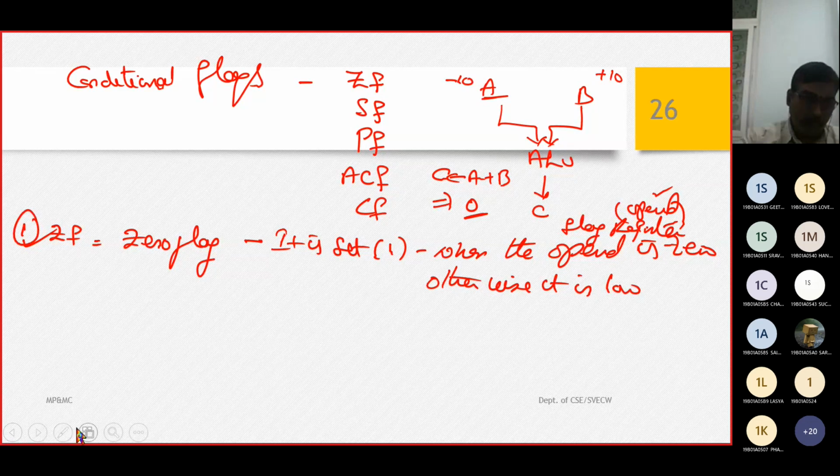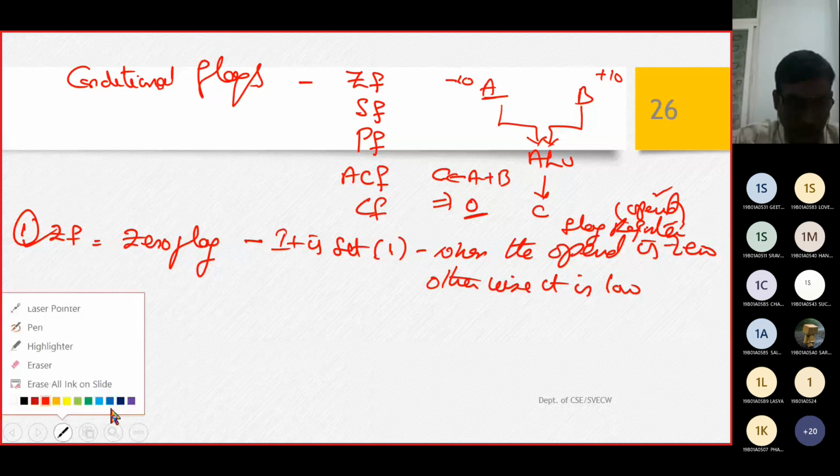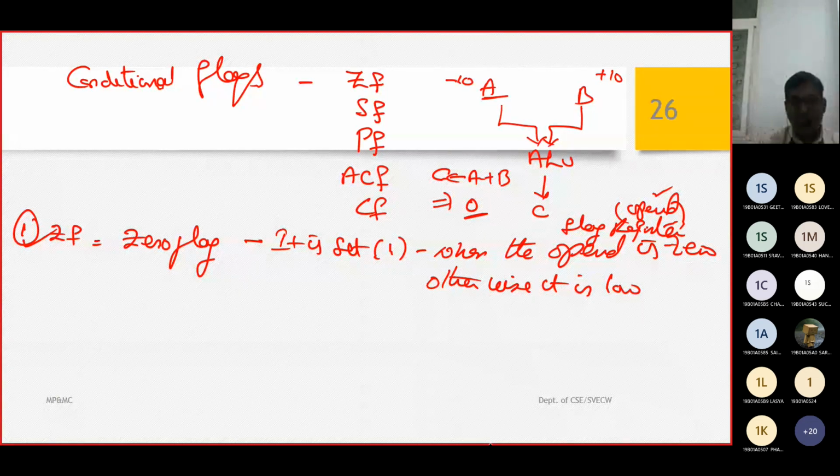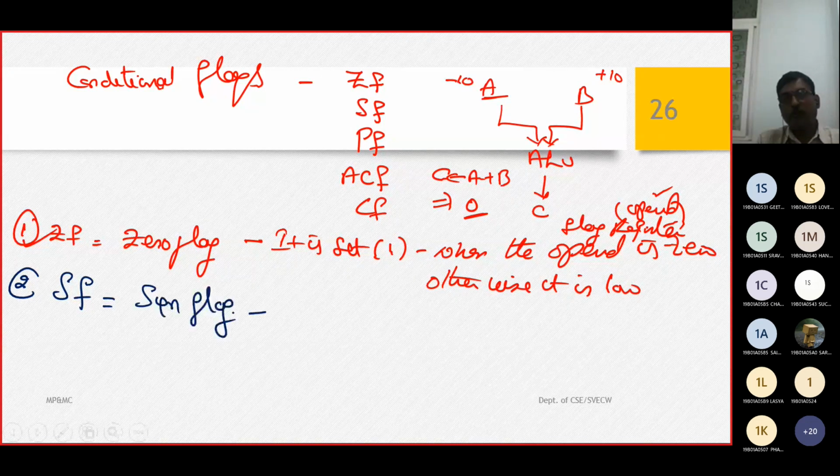Now let us understand the second flag. The second flag we are going to call SF, which stands for sign flag.